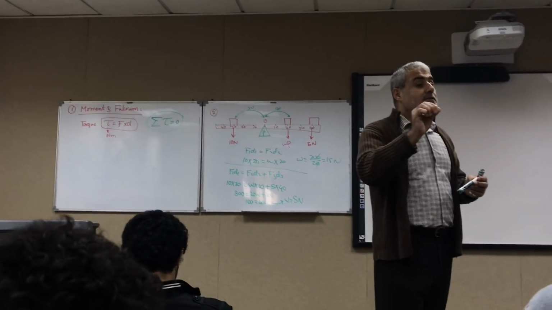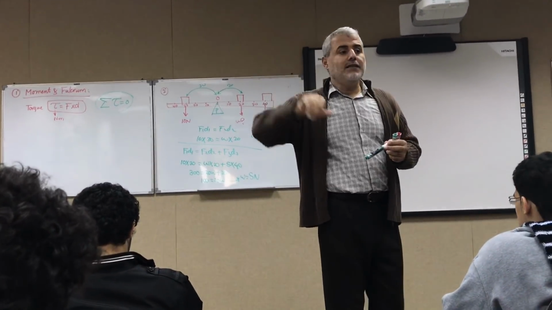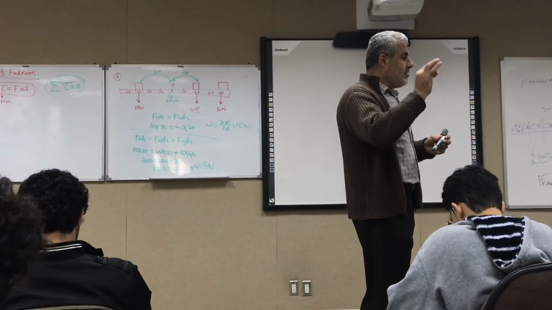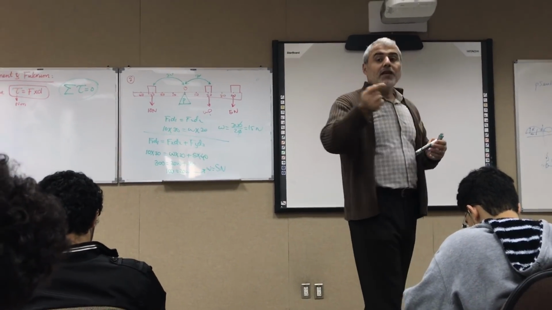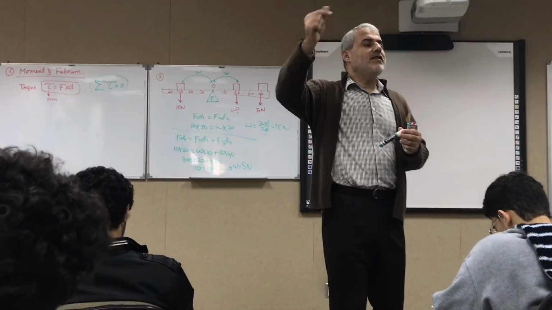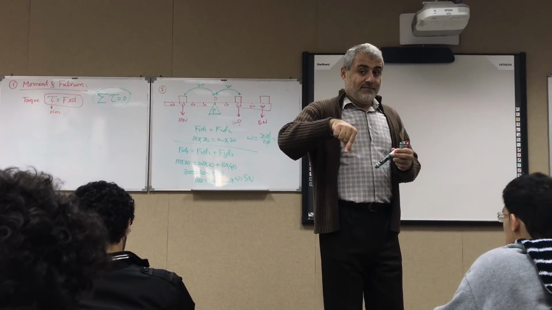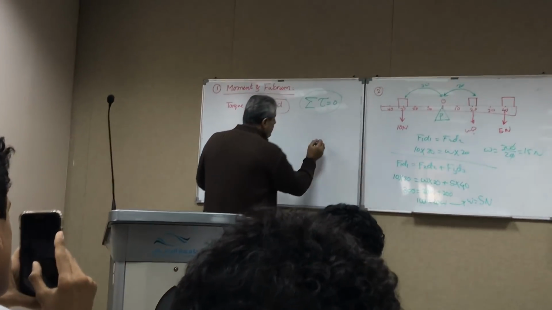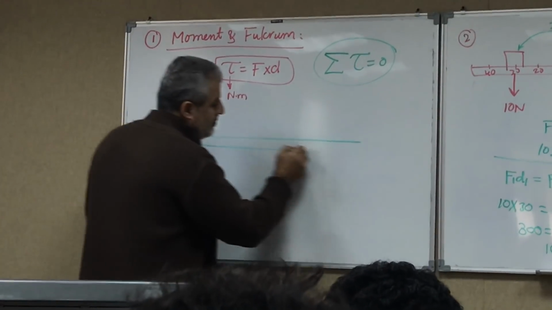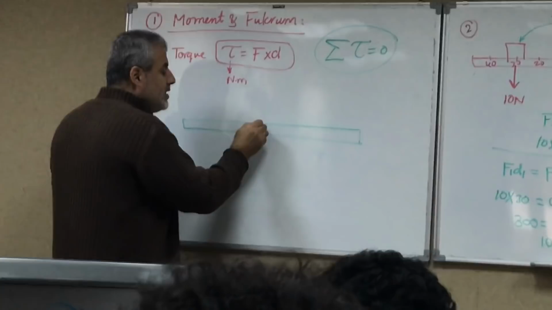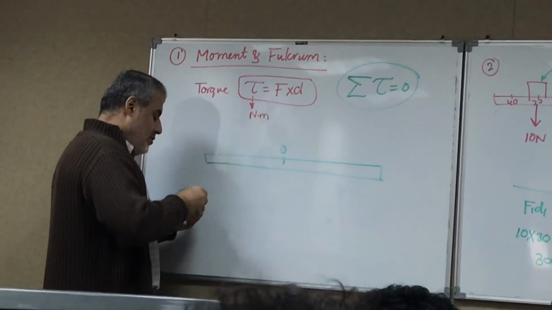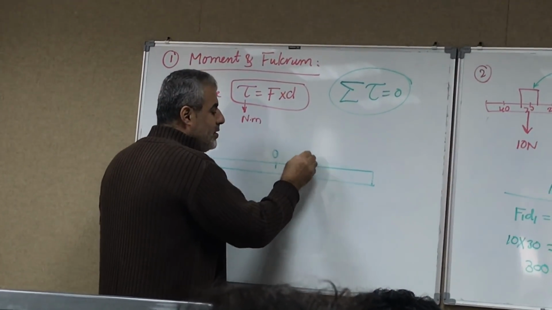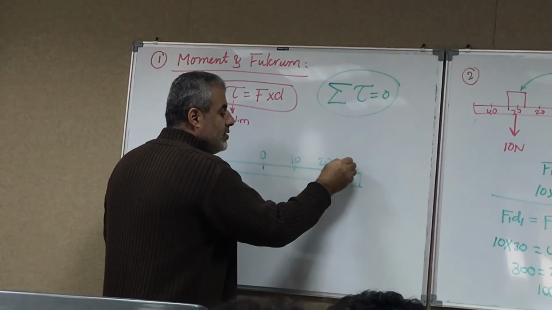Now, if we displace the pivot, not at the center of gravity, they will ask you to find the mass of the ruler. I'm going to give you an example. Suppose we have this ruler, like this. This is the 0, and this is 10, 20, 30.